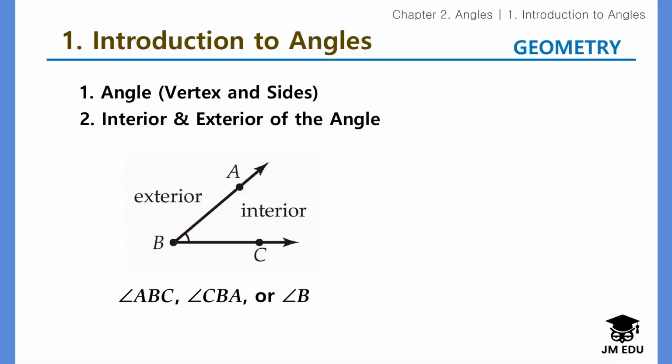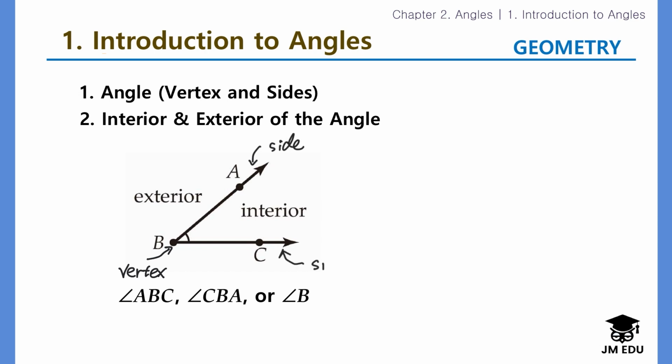In this video, we're going to talk about introduction to angles. An angle is the figure formed by two rays with a common starting point. This starting point is called the vertex, and each ray is called the side of the angle.